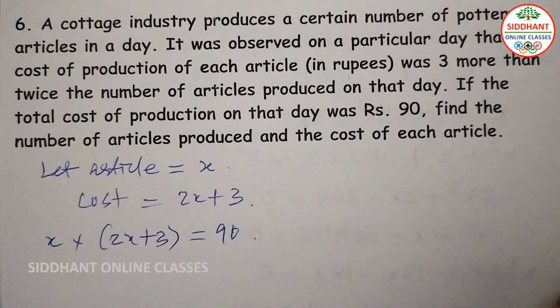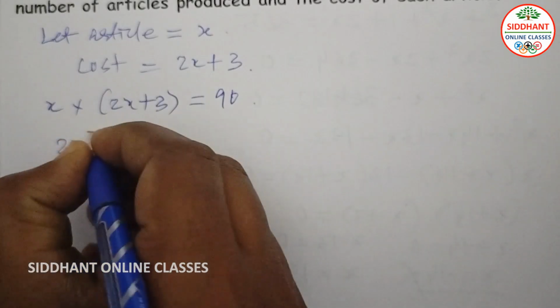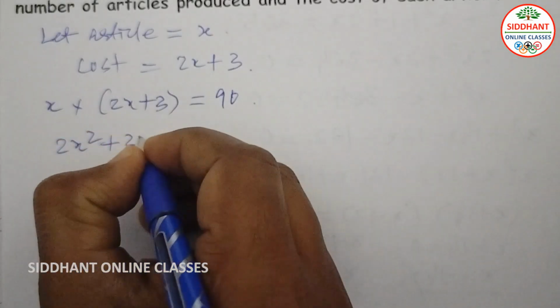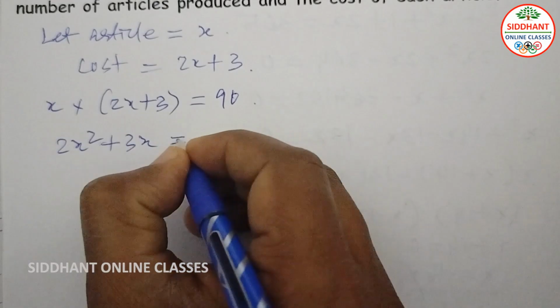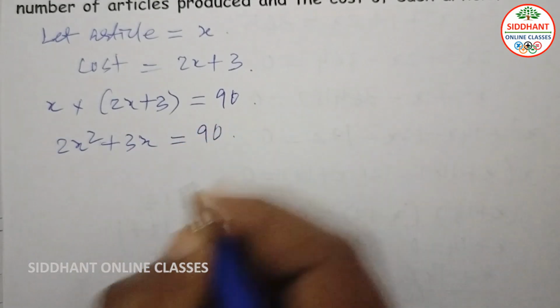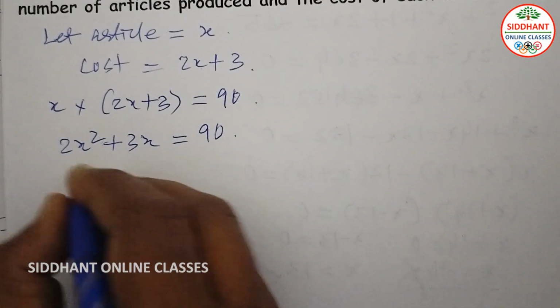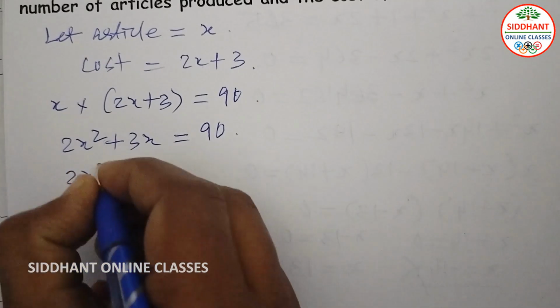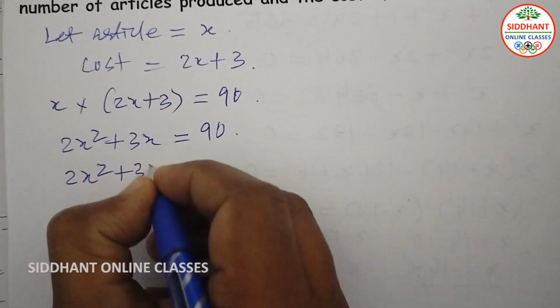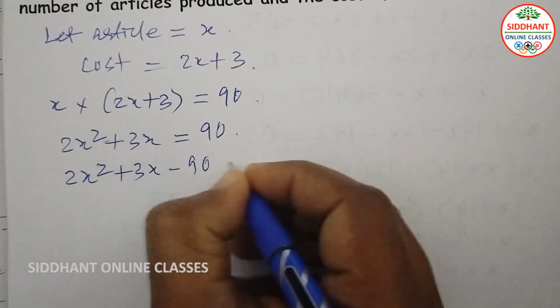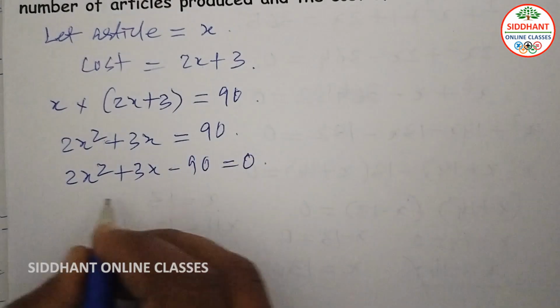So that will be 2x square plus 3x equal to 90 here. So 2x square plus 3x minus 90 equal to 0.